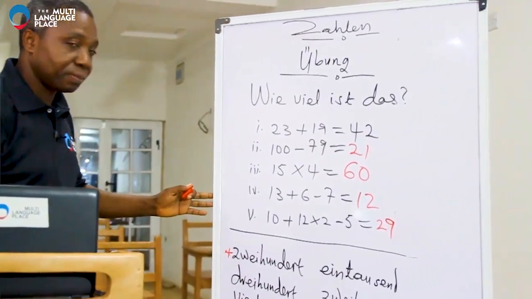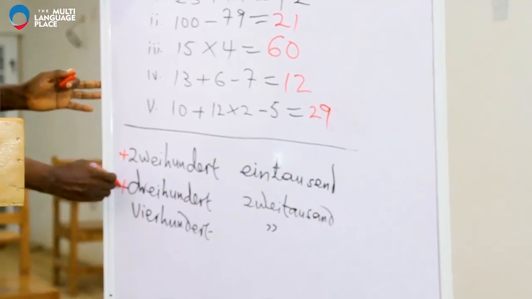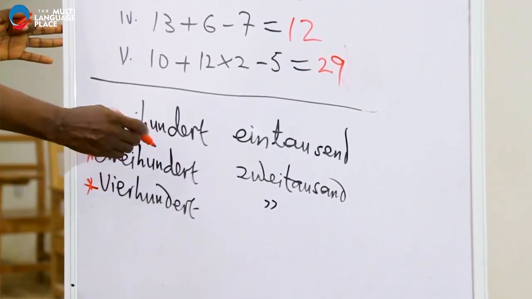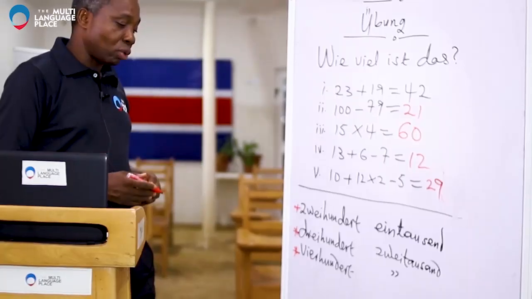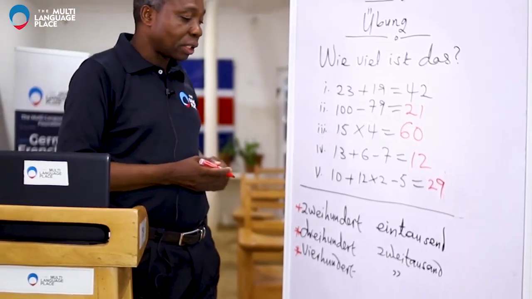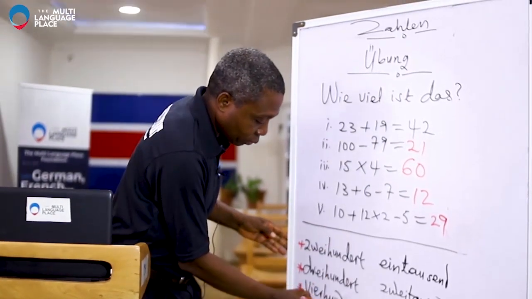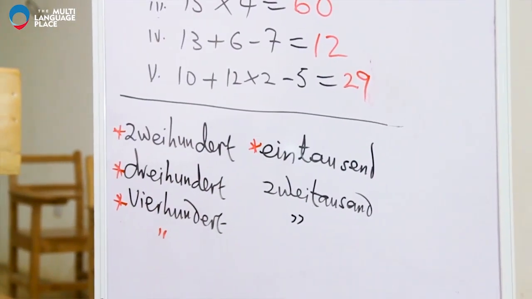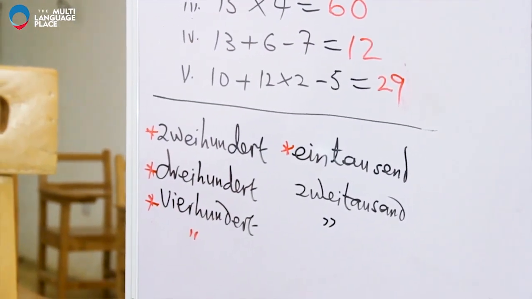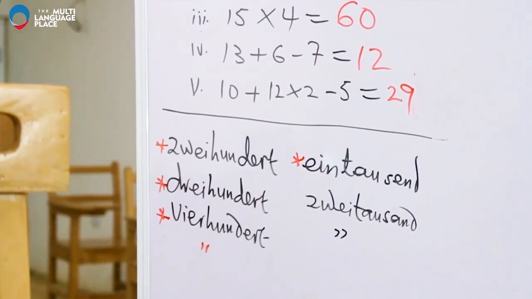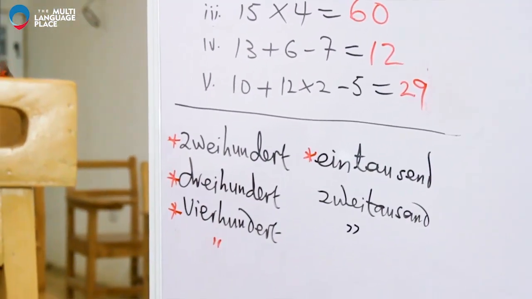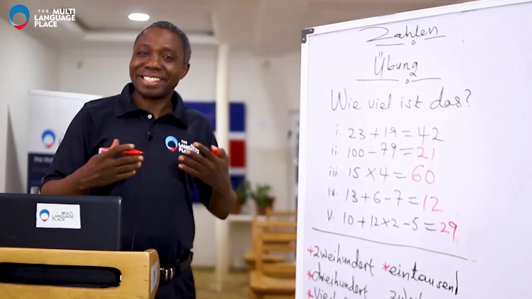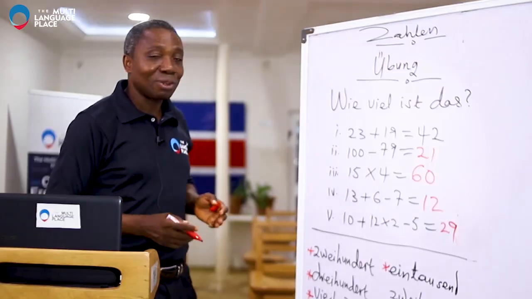This is 200. 300. 400. And then on and on to 900. And then we'll come to 1,000. And we go on at that also. 2,000, 3,000, 4,000, 5,000, 6,000, 7,000, 100,000.